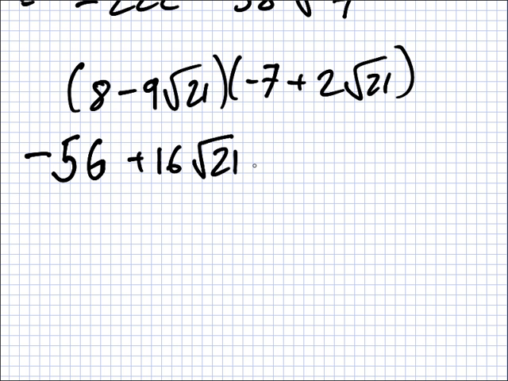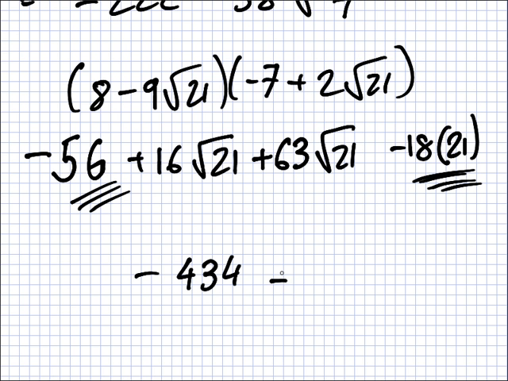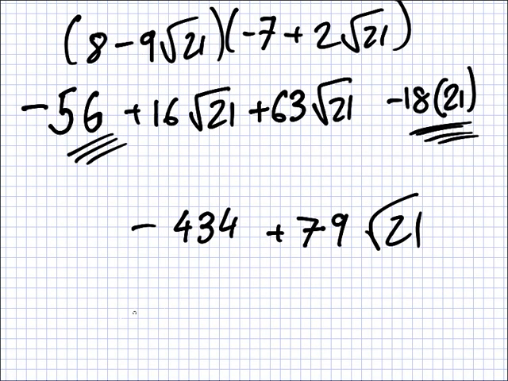And then the next one would be plus 63 root 21. And the last one would be 18 times 21. Now, if you were to put this together with this, what do you get? Minus 434 plus 79 root 21 then.